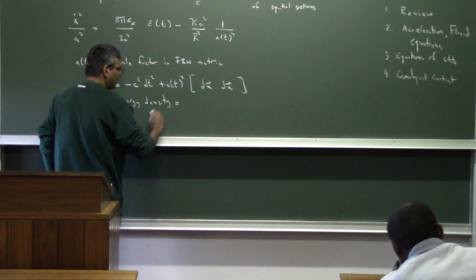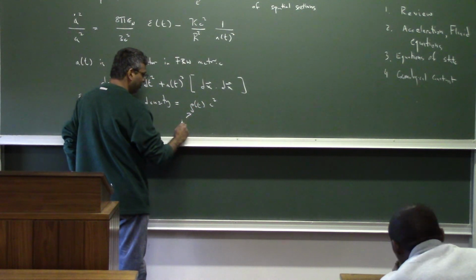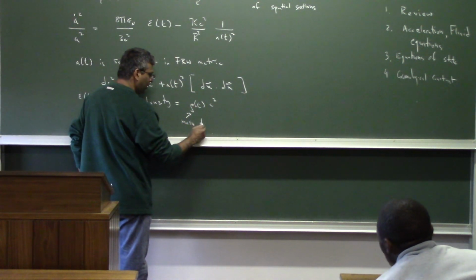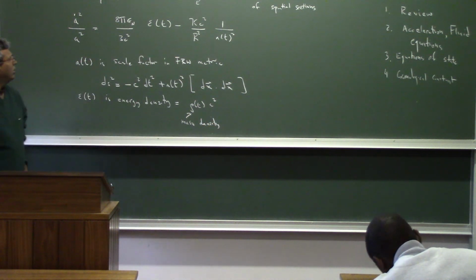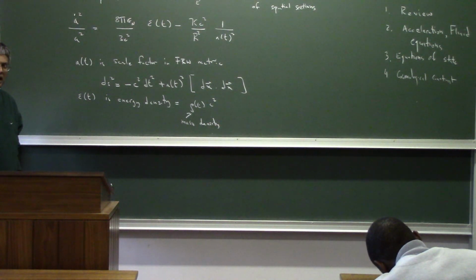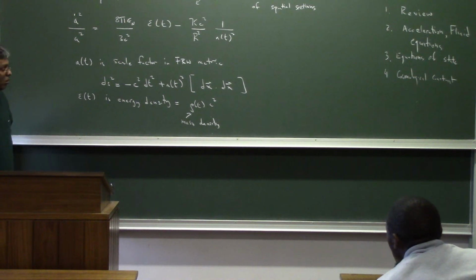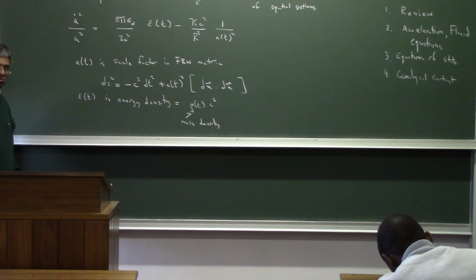We can think of this as mass density times c squared. So this is one differential equation in two unknown functions, a and epsilon. So we need to figure out another differential equation at least to figure out these two functions. Okay?